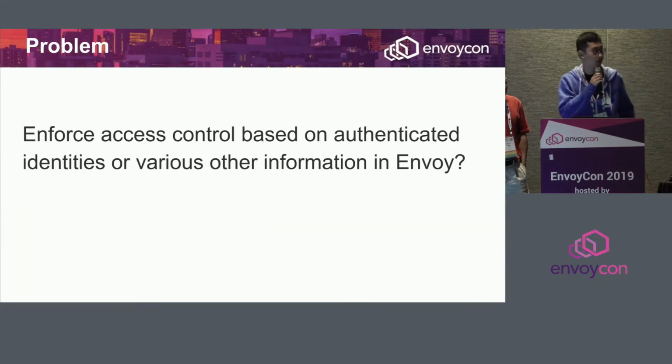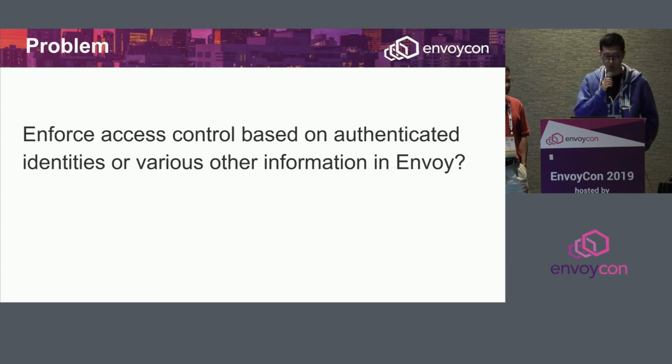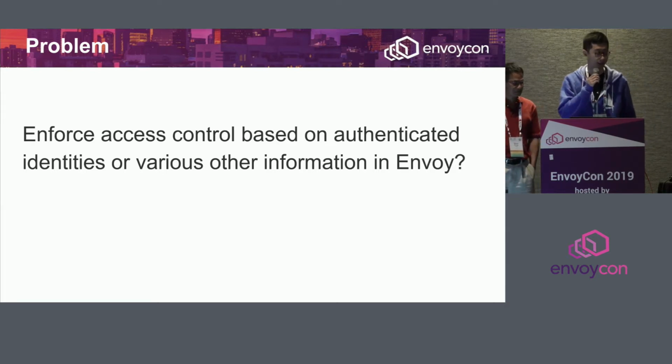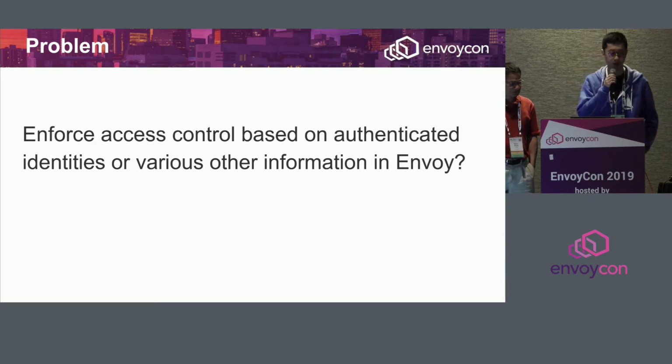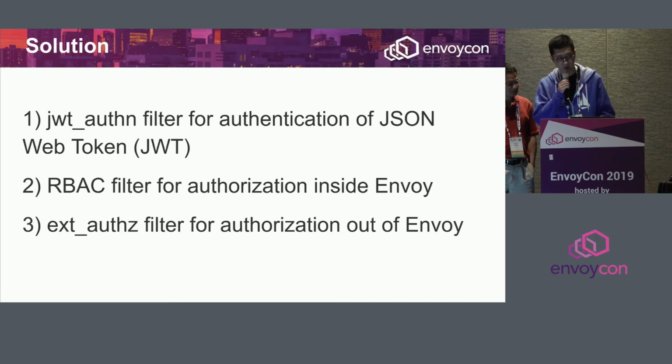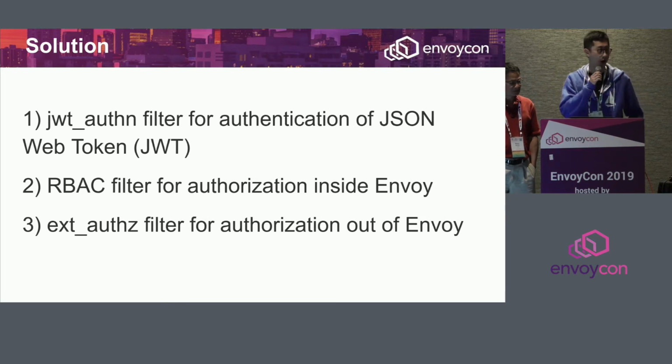So before we look into the features, let's see what's the problem we're going to address. We are going to enforce access control based on authenticated identities or various other information in Envoy. How do we do this? We know Envoy is powerful and flexible, and we use many different filters together to do these things.